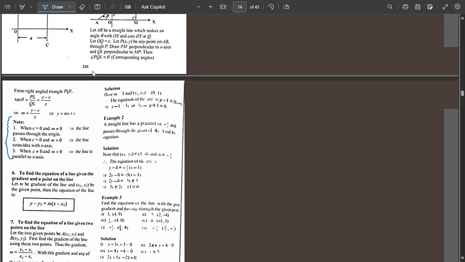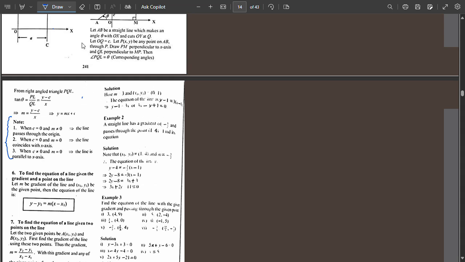These are facts which you should know so that you can easily plot your lines, and imagine how they will look before you draw them. When the intercept is 0 and m is also 0, the line coincides with the x-axis.